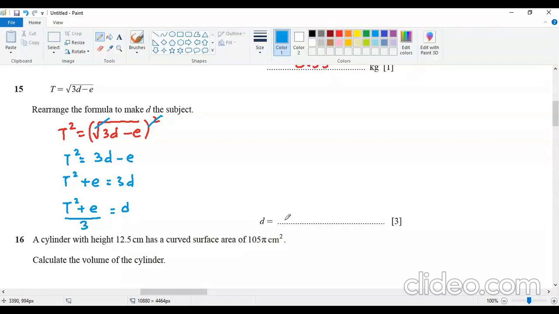So this is going to be your answer: D equals T squared plus E over 3 is your correct answer.